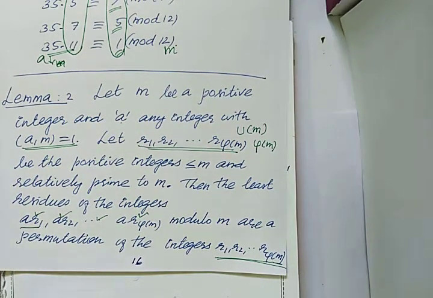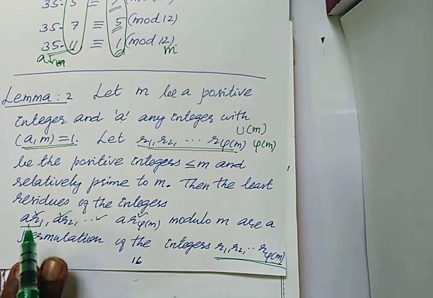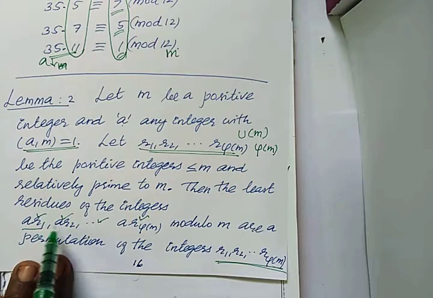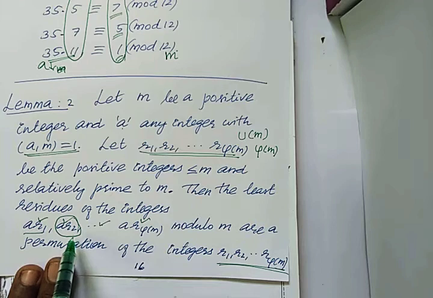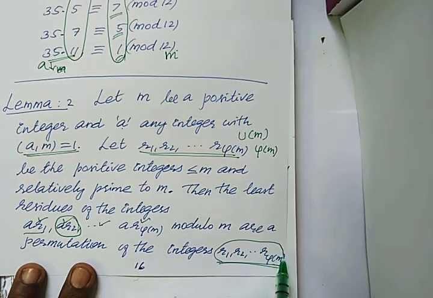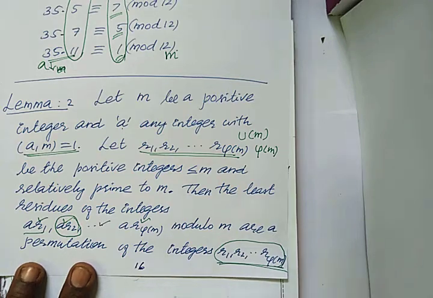Now we have to prove it. The first thing is, we are going to show that if you take modulo M for any of these numbers, we will get a number here. That I have to prove first.